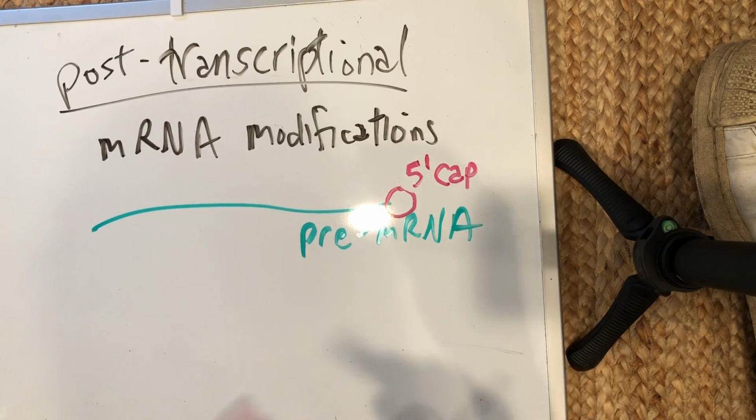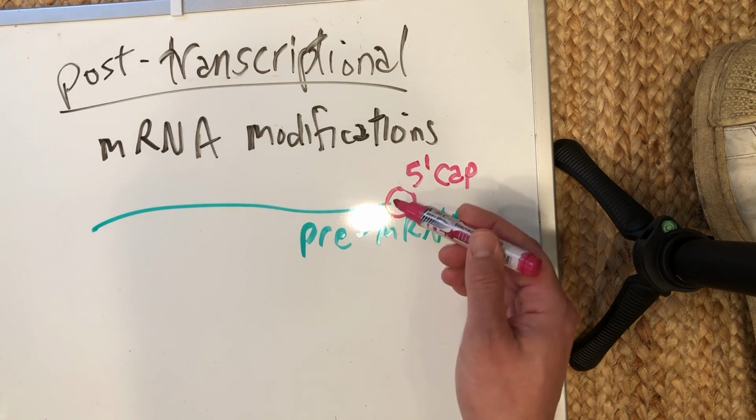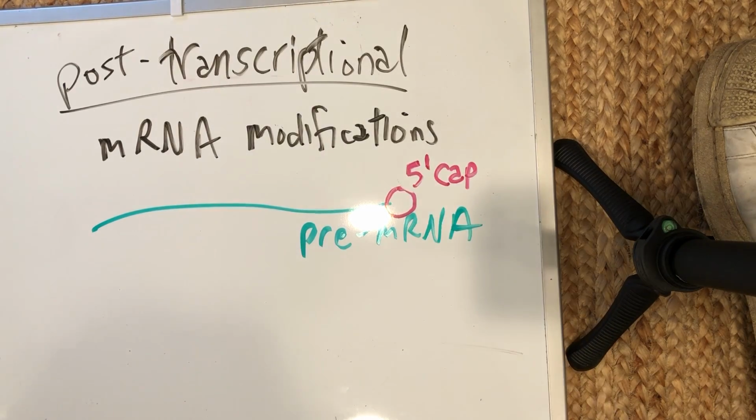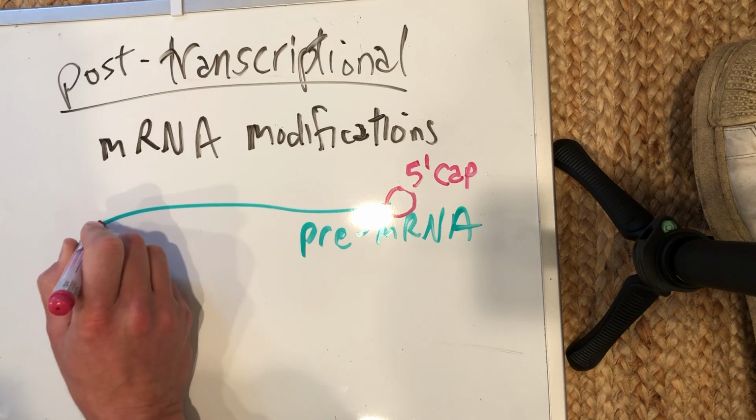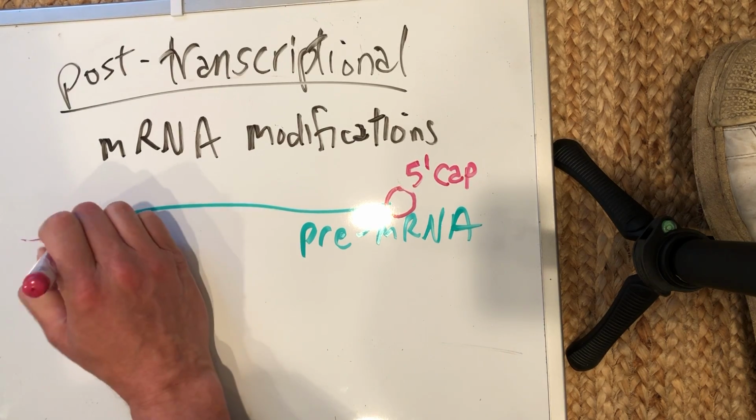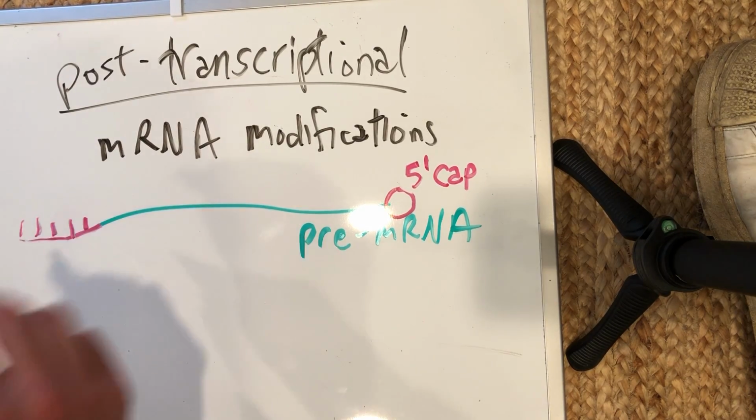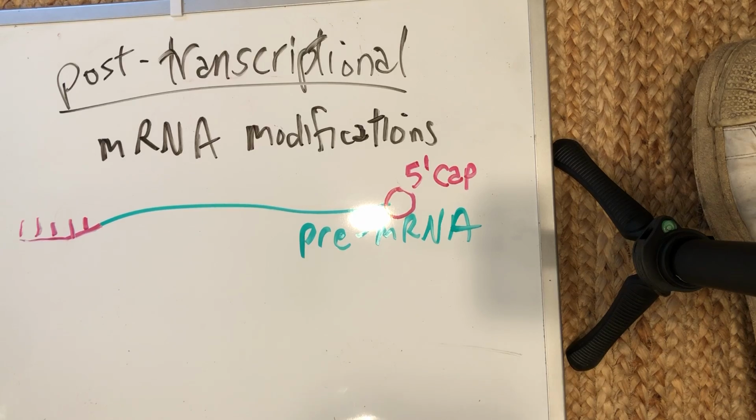If you remember GTP, not ATP, from some of those cell signaling pathways, this is a molecule that gets stuck on the front end of it, and then we have a poly A tail attached to the back. That's literally just adenine, adenine, adenine, adenine, A.